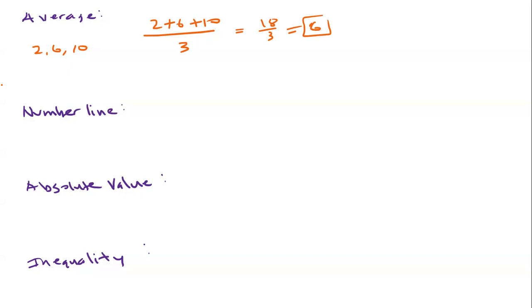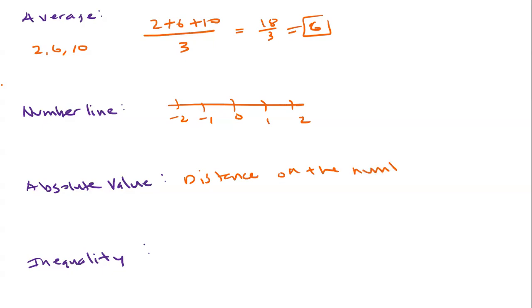The next one is a number line. I've talked about that already, but okay, so this is an example of a number line. Okay. Absolute value. So the formal definition of absolute value means the distance on the number line from the origin.